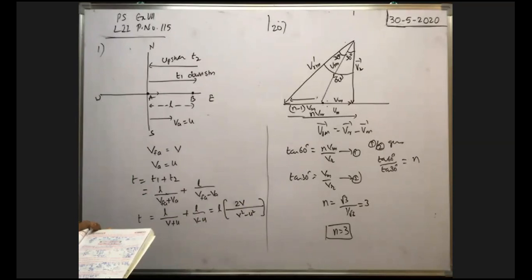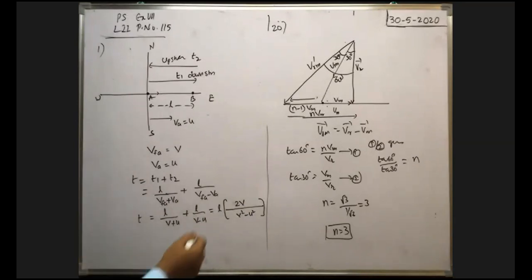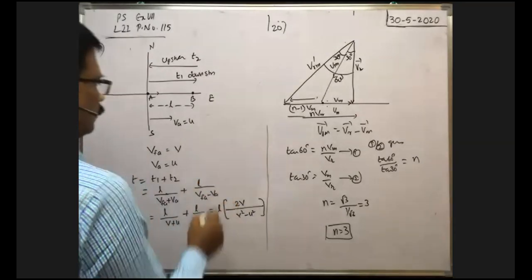Calculate the time for the round trip if air velocity is due east. In still air, time for round trip is T naught, given. Here we are given one condition.